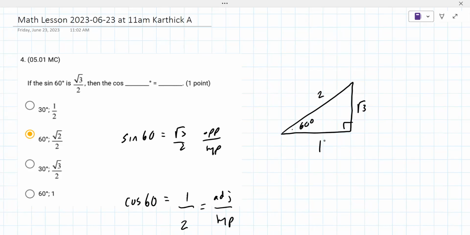Well, then how do you get the cosine of 30 degrees? So you go up to the other angle here. The other angle has to equal 180 total. Yes, exactly.